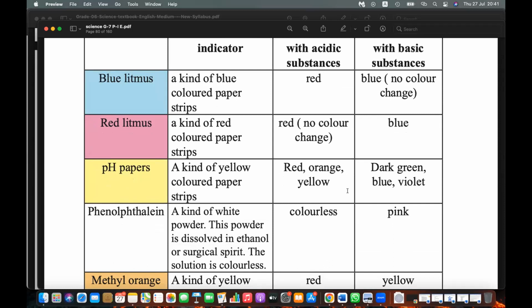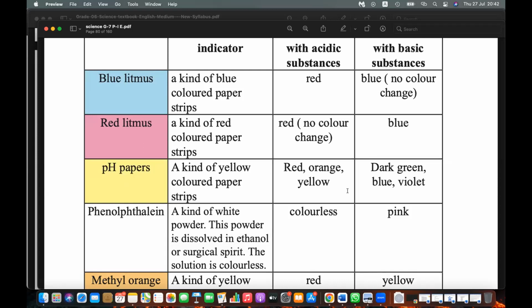If the strongness is high, then one color. If the strongness is low, another color. So in the middle, you have light green. Phenolphthalein is colorless in acid, but if it is base, it's pink.